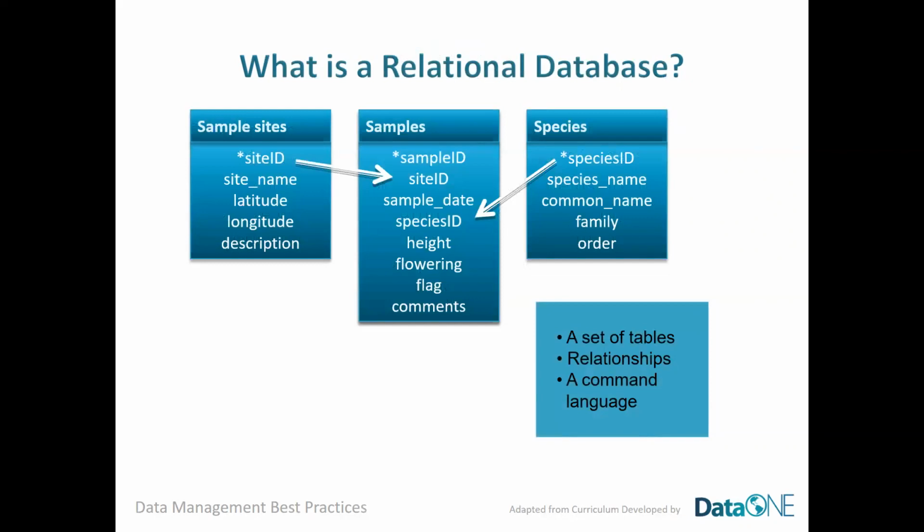A database consists of a set of tables, and each table has a defined relationship with another table or other tables using a common piece of information, which is called the primary key. Databases also have a very powerful command language for querying and manipulating information within them, called structured query language, or SQL.